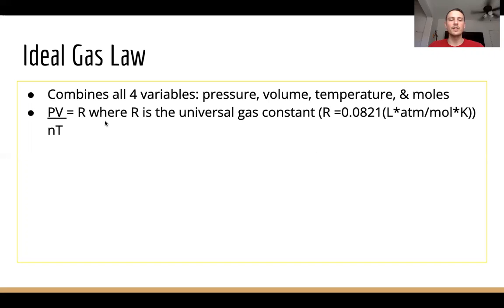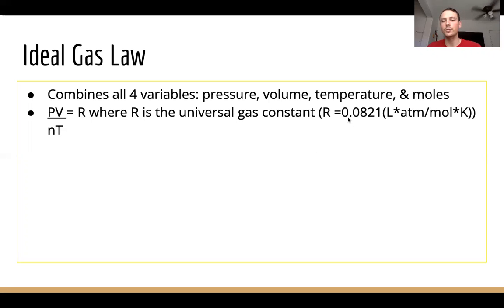So it was discovered that if you take the pressure times the volume divided by the number of moles and the temperature in Kelvin, no matter how much of the gas you have, you're always going to get the same value when you plug it into this equation. And so that value is deemed R, which is the universal gas constant.